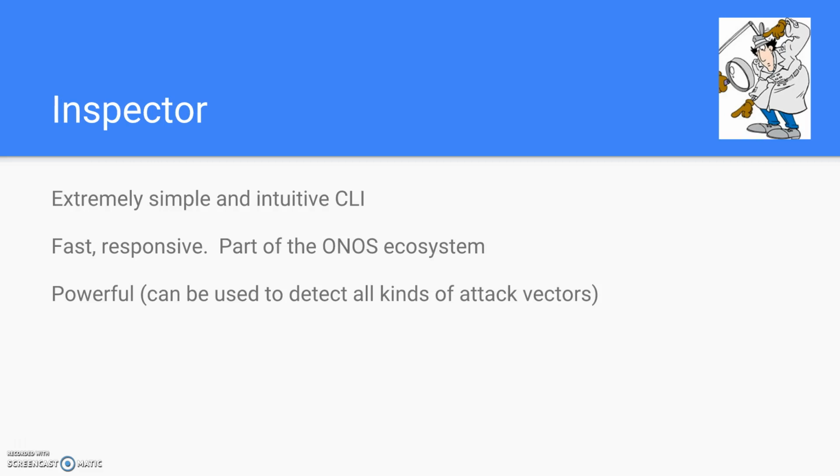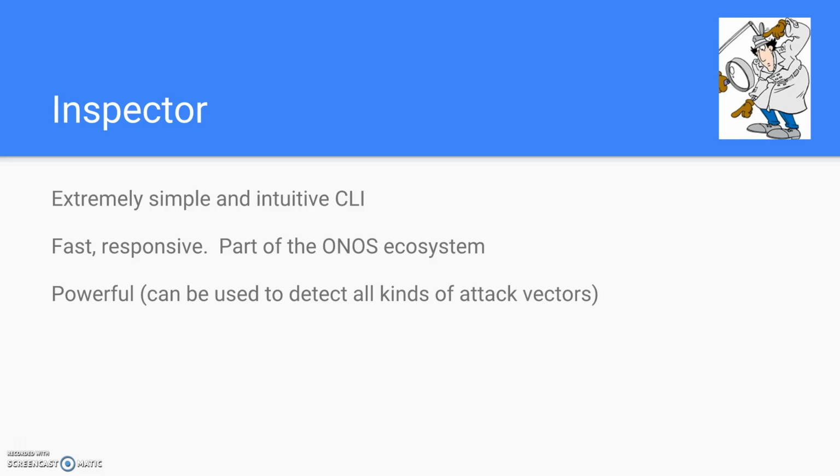So Inspector is extremely simple to use and very intuitive, and it's all done through a command line interface via ONOS. The ONOS framework allows any app to use its command line interface. It's very fast and responsive, and because it's part of the ecosystem, it doesn't really consume additional resources.